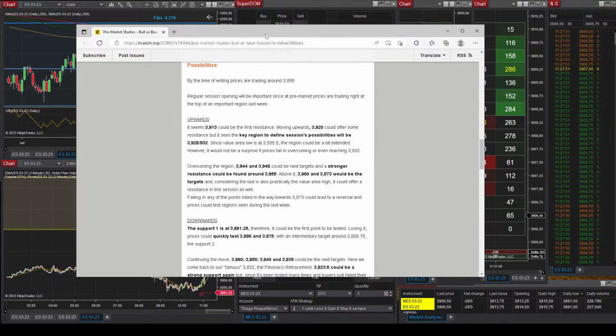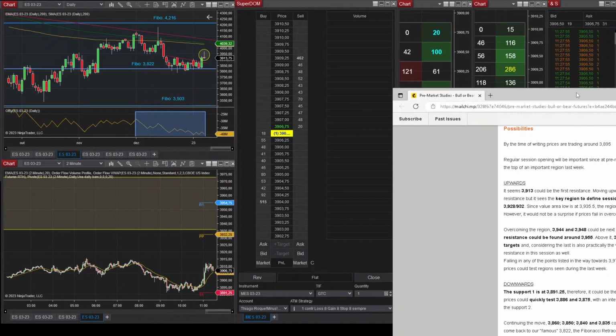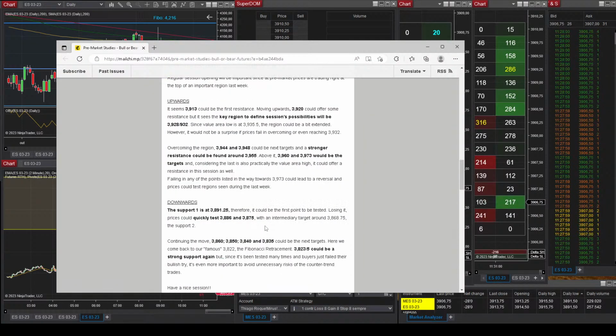So we are currently in pre-market trading around 3906, and moving upwards, I would say that 3913 is a point that we took note of yesterday for the last session, and the close was right there.